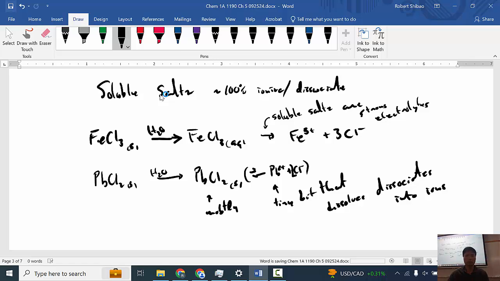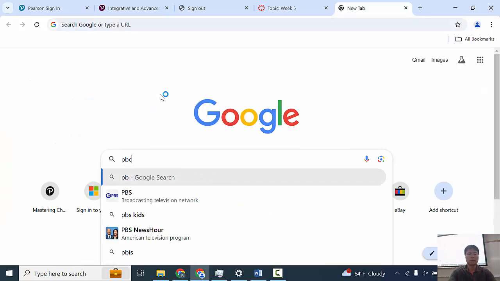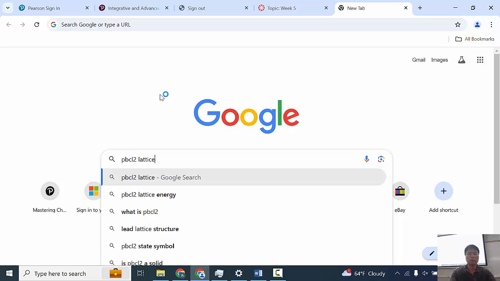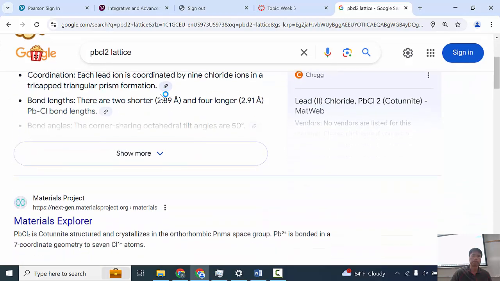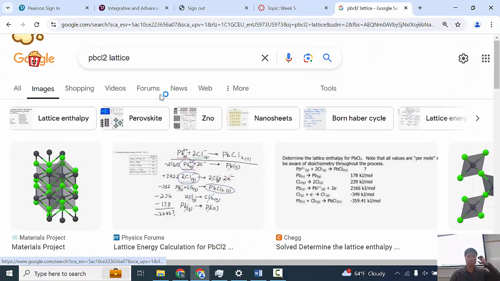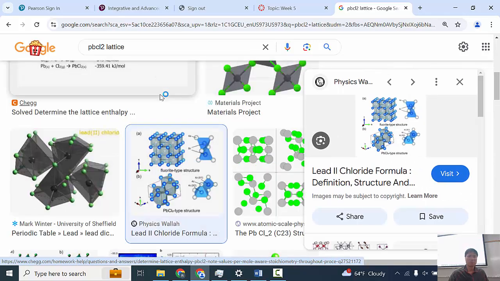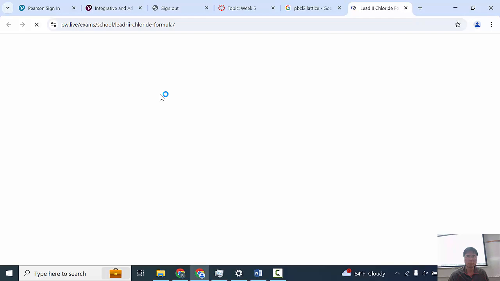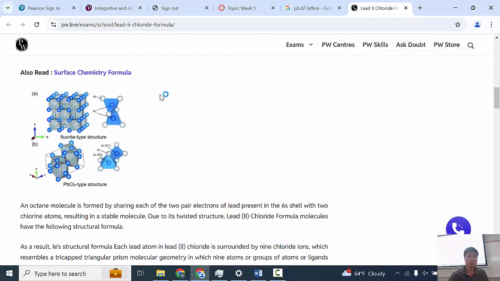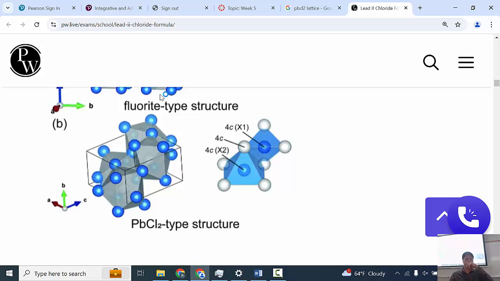So let me show you one thing here. PbCl2 doesn't form molecules, it forms an ionic lattice like this.